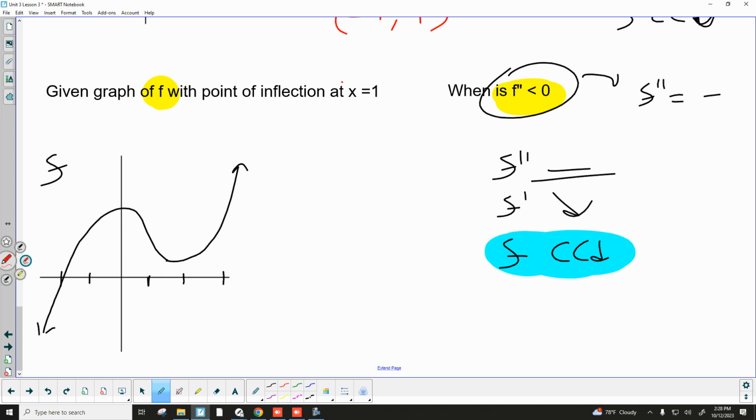F is concave down until the point of inflection, and then it changes to be concave up. I'm looking at F, I'm looking at how it's curving, I'm getting my answer based on the curvature of the graph given to me.